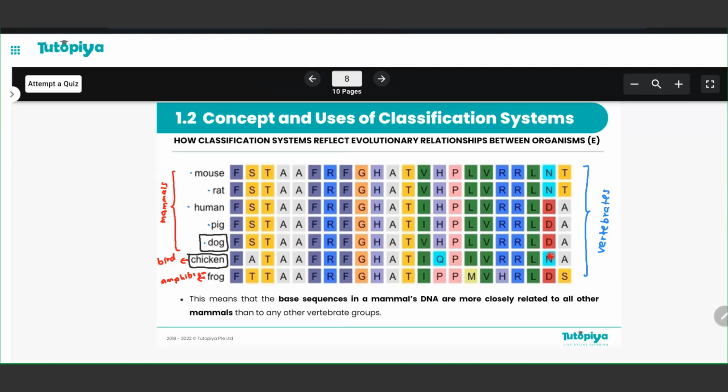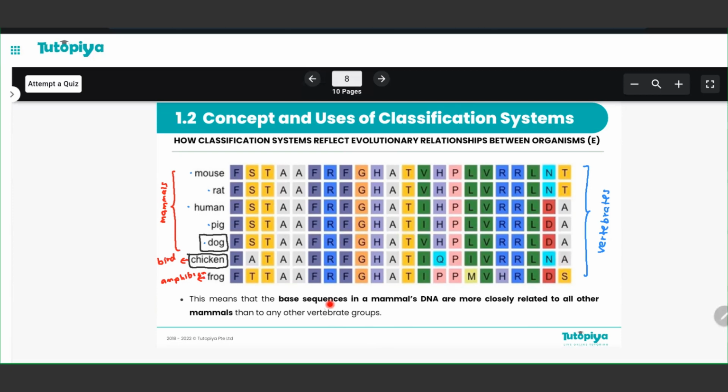You can see that, right? More variations in their DNA-based sequencing means that they are more distantly related to one another. So this is exactly what we mean by DNA-based sequences can show how closely related organisms are.